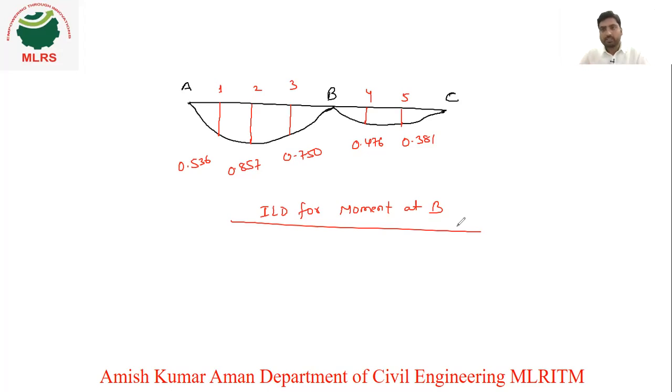So that rotation we have given as 1 kilonewton meter, but actually we are getting a rotation of 4 point something, that is 4.667 upon EI. So to make it unity, we are dividing by the same, to get it unity. So this is your ILD for the moment at B.